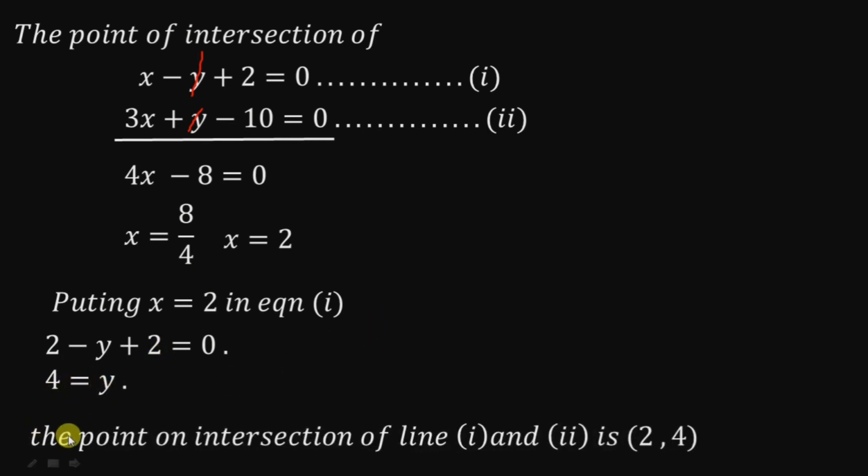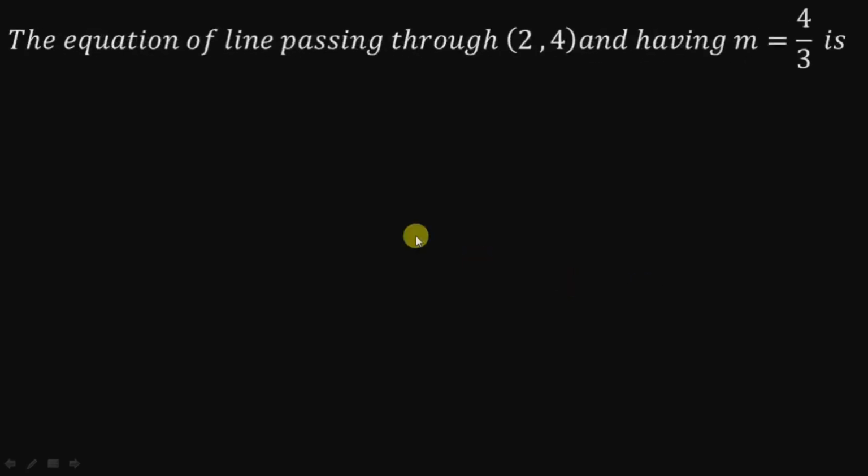Therefore the point of intersection of line 1 and 2 is (2, 4). Now we'll find the equation. The equation of a line passing through (2, 4), this point of intersection, and having m equals 4 by 3 is y minus y1 equals m times x minus x1.